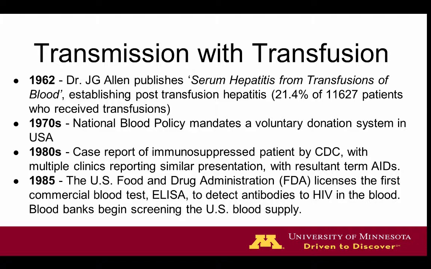And from that, in the 1970s, the National Blood Policy was that, rather than have paid blood donors, there should instead be a voluntary blood donation program, so as to avoid the incentive to donate blood if you are sick or carrying hepatitis or other infection.